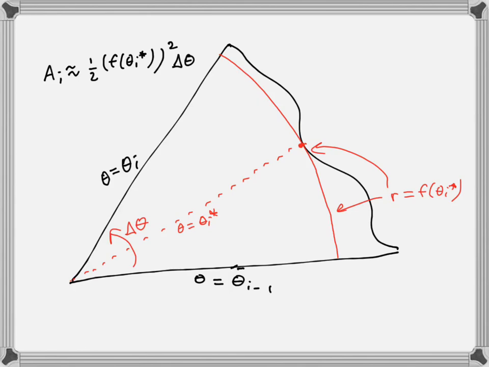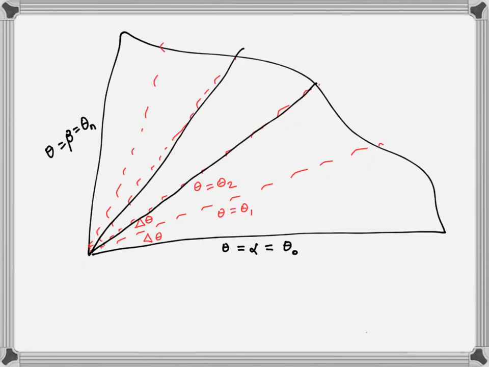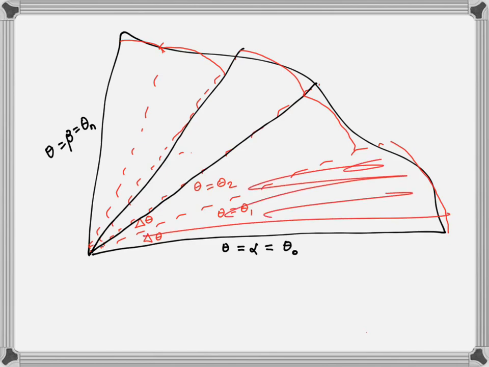So what would the full area approximately be? The idea is we do this many times. We've got a sector here, then a sector here, then a sector here, and then a sector here. So what we're doing is using the area inside of all of these things to approximate the area in the curve.